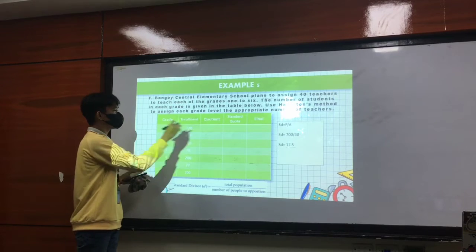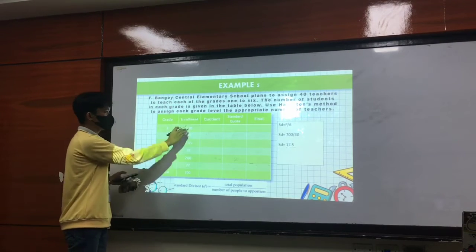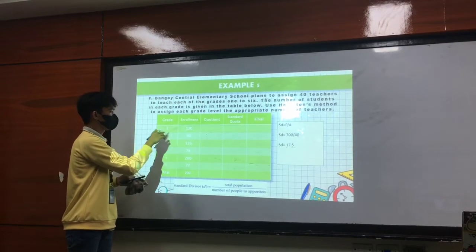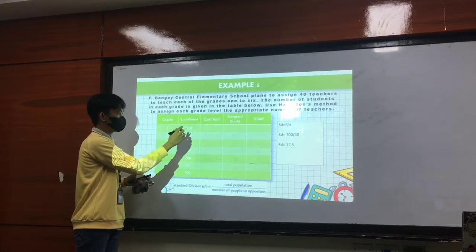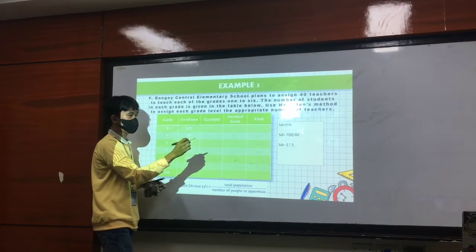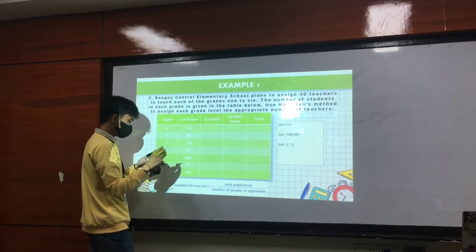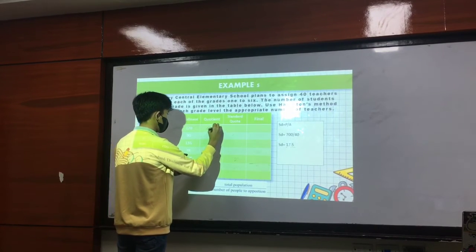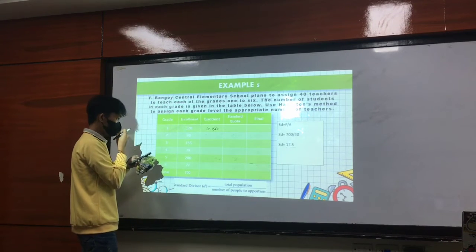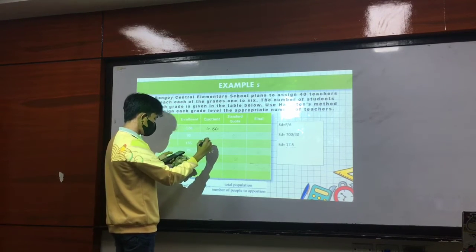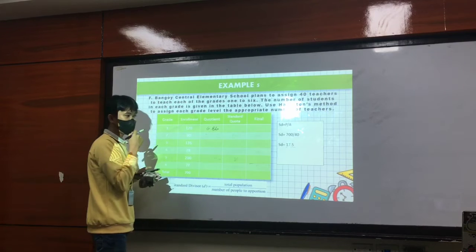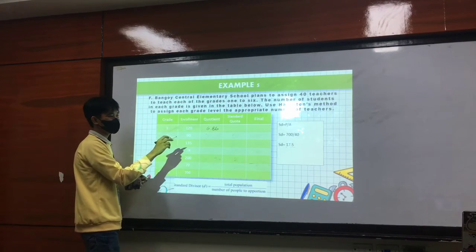So for our quotient, we need to divide the enrollees in each grade. In grade 1, we got 120 divided by 17.5, so we got 6.86. In grade 2, we got 90 divided by 17.5.